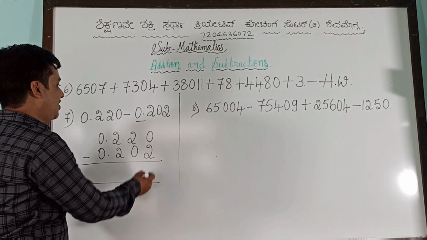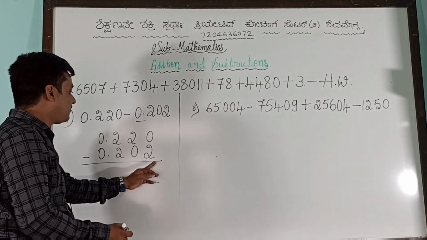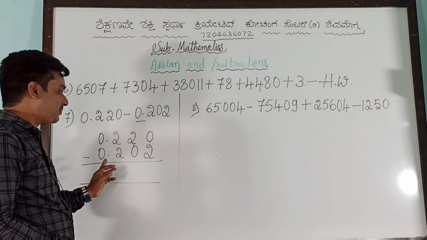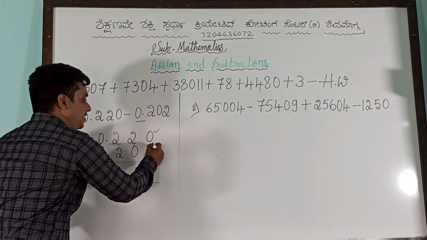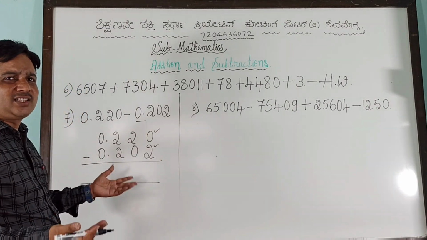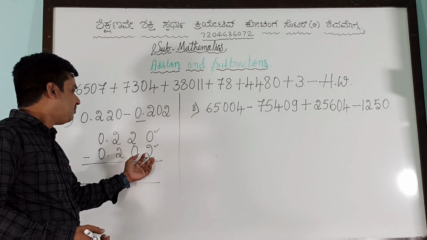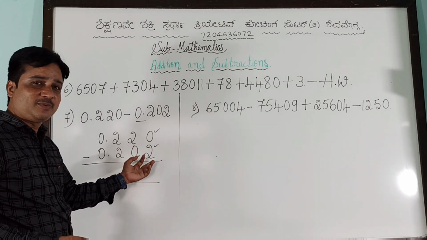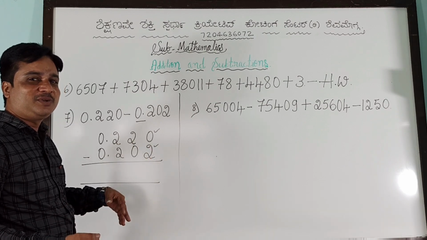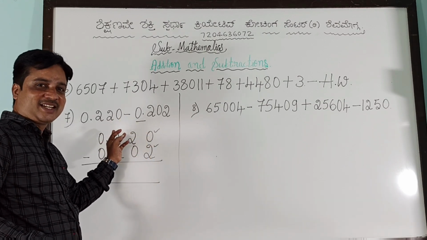Now first, we have to subtract from right to left. Here 0 is there, here 2 is there. 0 means nothing. I have nothing, but I want to give a borrow to 2. Is it possible to give? No. Then what do we have to do? Then we have to take a borrow from the beside number.